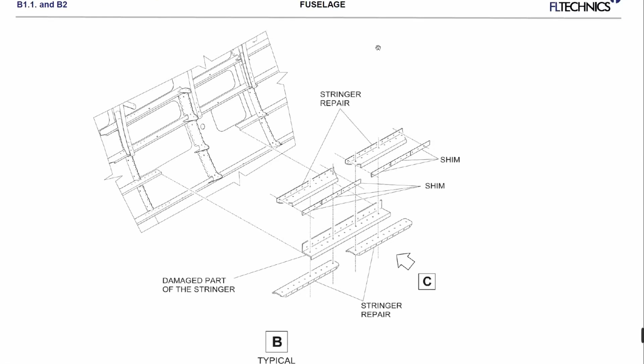Stringer repair: we have these shims to repair the damaged part of the stringer, you can see here. To be honest, I'm not so familiar with this type of repair because I never studied this, but this is just an example of how it looks to replace part of the stringer.